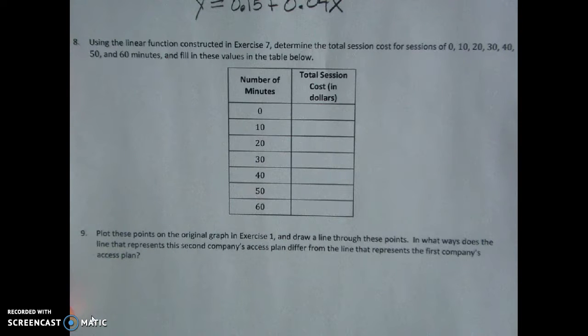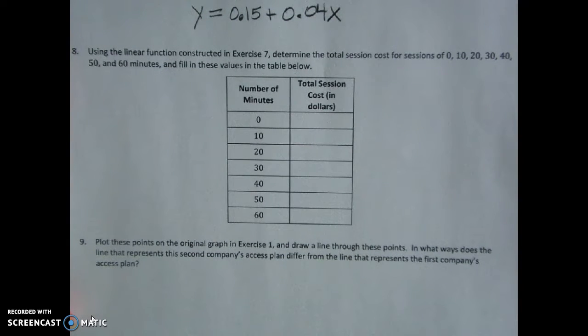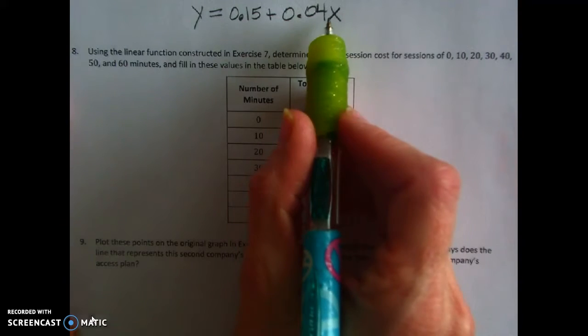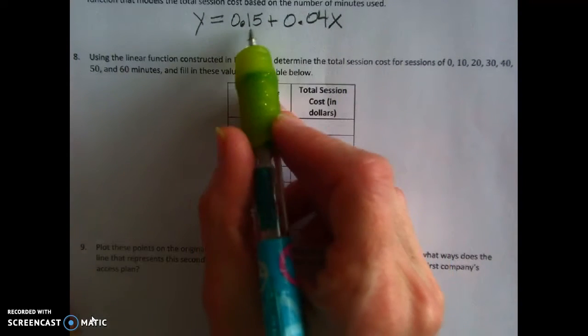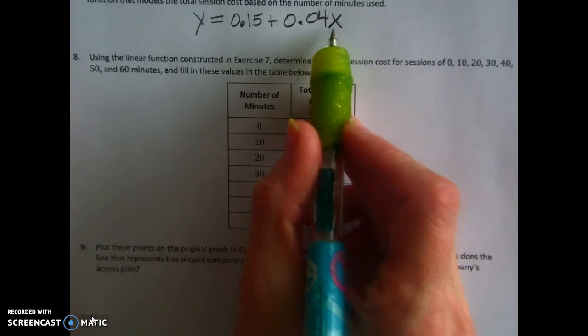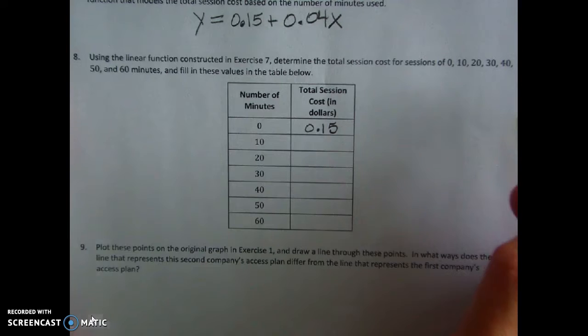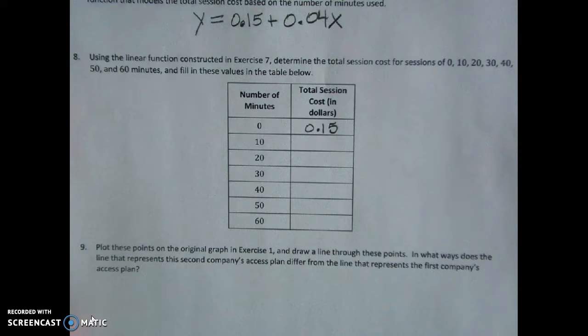All right, so we're going to use the equation from number 7 to fill this table in for number 8. In order to do the math, I would personally do it on a calculator, but you're going to take 0 and plug it in for x. Take 15 cents plus 4 cents times 0 and get your answer. And then you're going to plug 20 in for x and take 15 cents plus 4 cents times 20, and then continue with the 30, 40, 50, and 60.